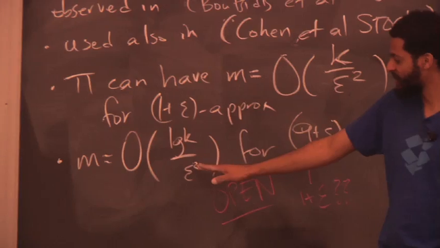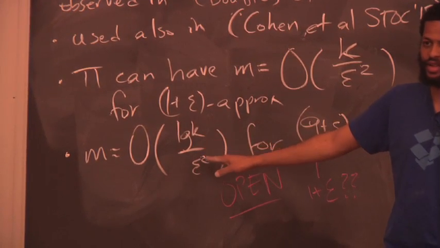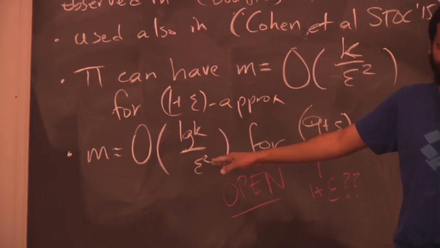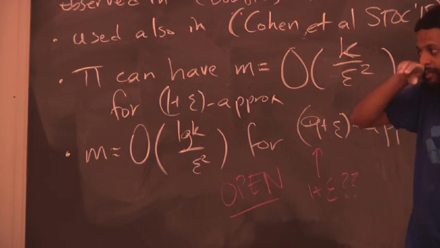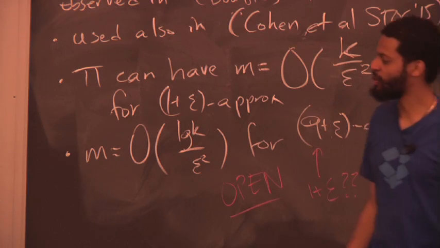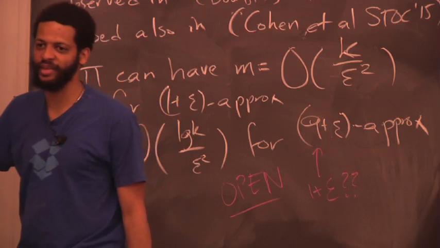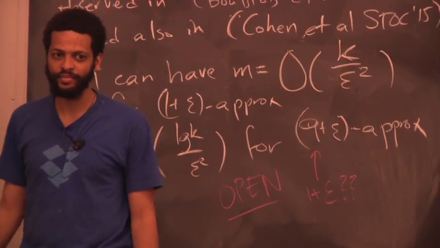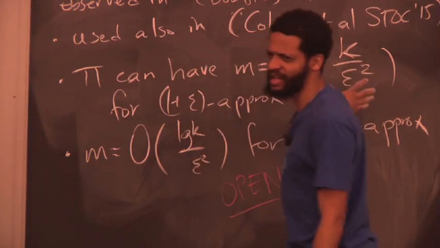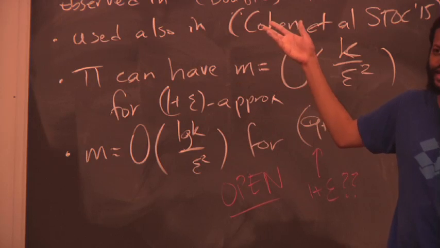This log k result is specifically for k-means. It can't even be true in general. For example, unconstrained rank k approximation is a special case where everything is allowed, and then you really do need to map to k dimensions. Otherwise, you lose rank, and then you're screwed.